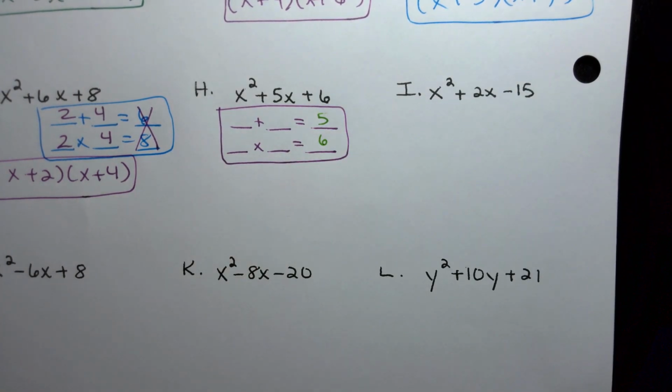5 and 6. That's similar to one we already did before. We had 6 and 5 up at the top, but this is different.